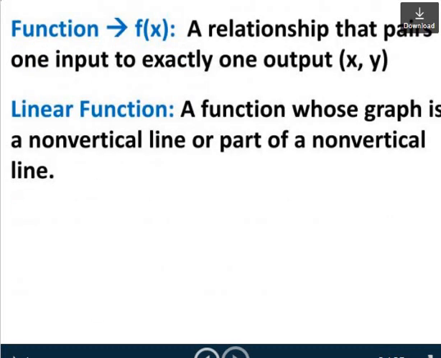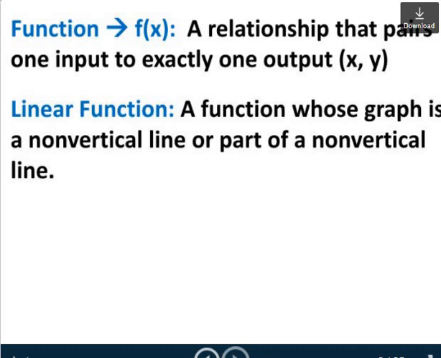Okay. Now, let's define together the function. What's a function? We can use an abbreviation like f(x) for it. A function is a relationship that pairs one input to exactly one output. If you look at the coordinates of this point (x, y), for different x, the function tells you that there must be exactly one output, exactly one value of y for x.